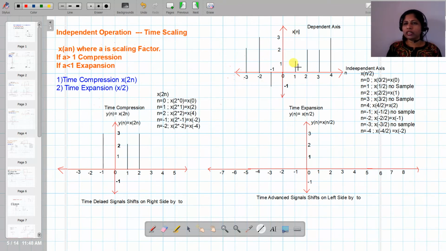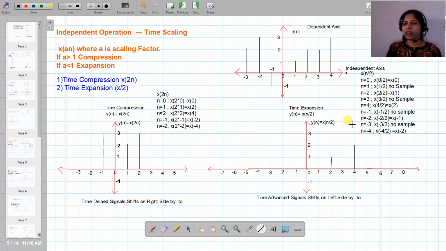So that's why this sample comes on position 2. Next, on 3 again no sample. On 4, y of 4 is equal to x of 2. So on y of 4 we have to select the sample which is on x of 2. So on 4 the amplitude is 2.